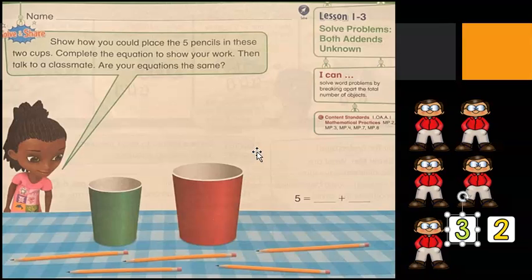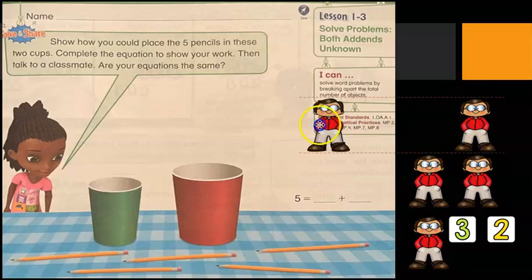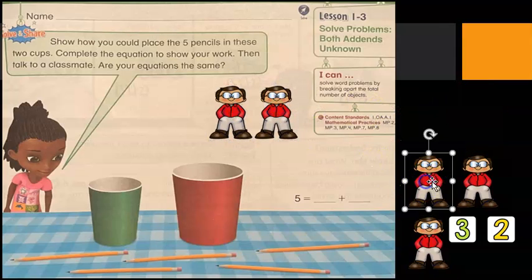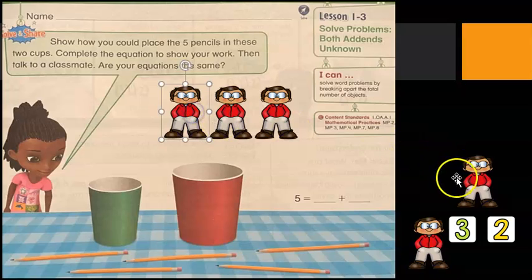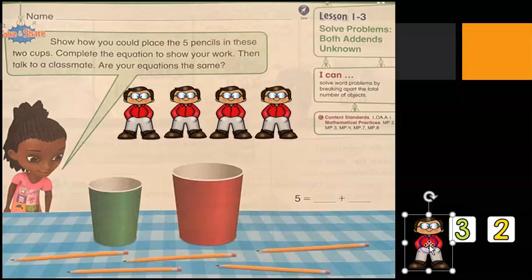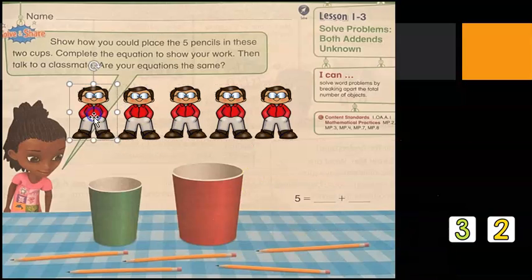Instead of using those pencils, we are going to use this character here, this boy. Okay, there's some boys here. Let me move them here for you so you can see them. Okay, pretend that this boy here, you see them? They're all the same.